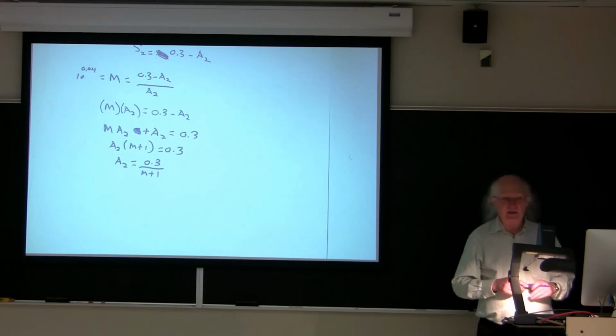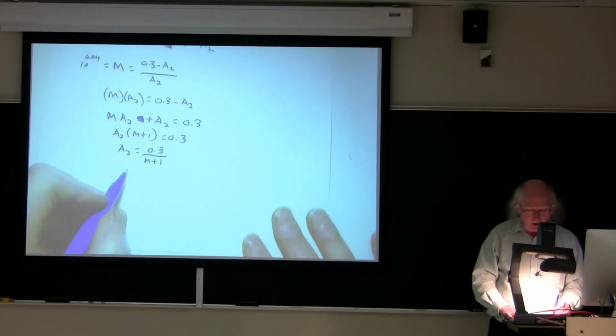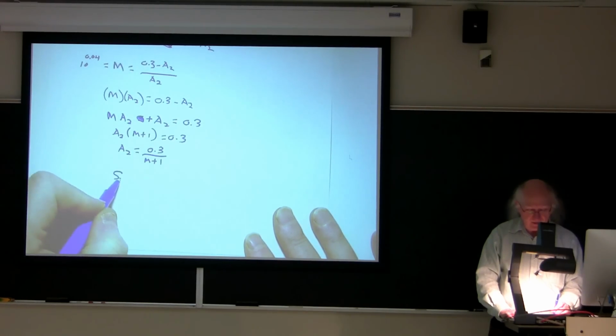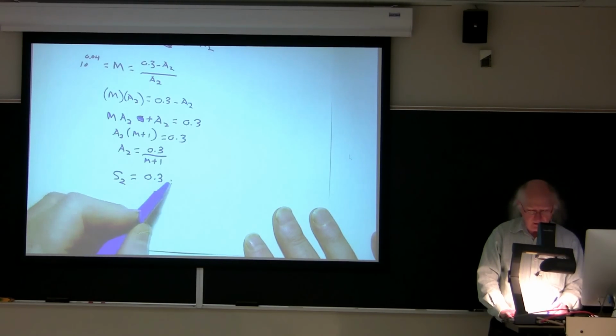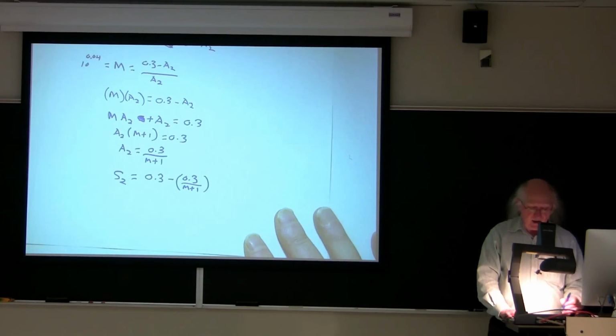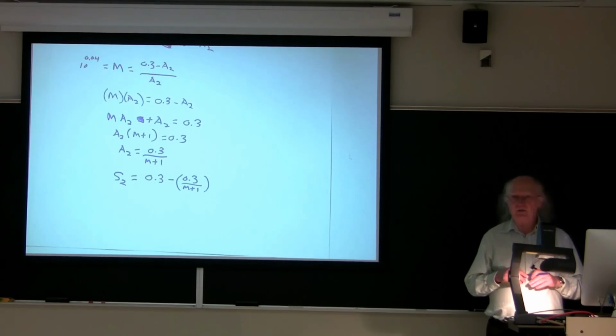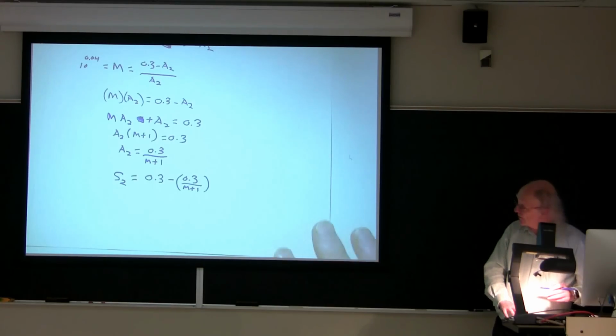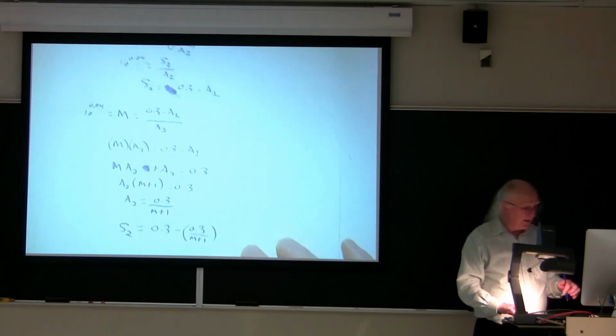So I've now found the number of moles of acid in the second buffer solution. The number of moles of salt, therefore, will be equal to 0.3 minus this quantity, 0.3 all over M plus 1. And I now have found the amount of A2, and I have found the amount of S2.